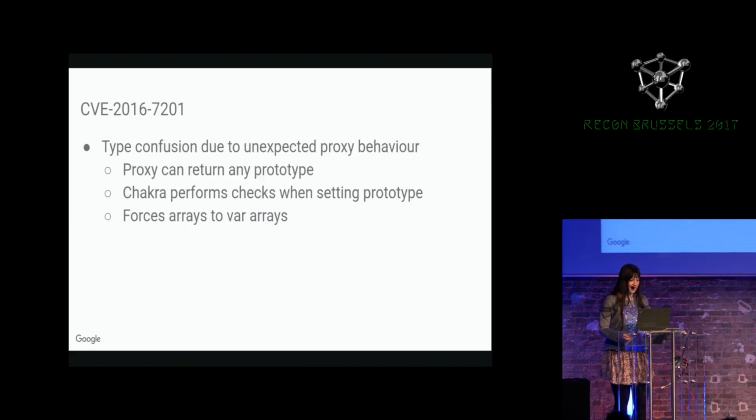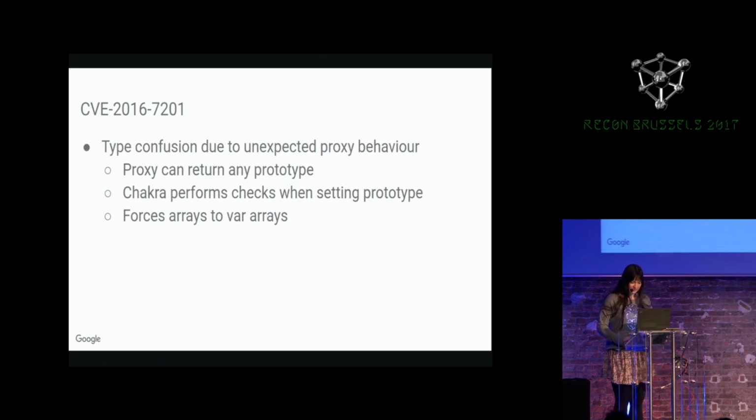Here's one that happened in Chakra. One of the interceptors you can get on a proxy is the prototype. You know how I showed the prototype chain? If you have a proxy, that's not true. Just at one point in the chain, you call a method, and then that returns the next prototype.